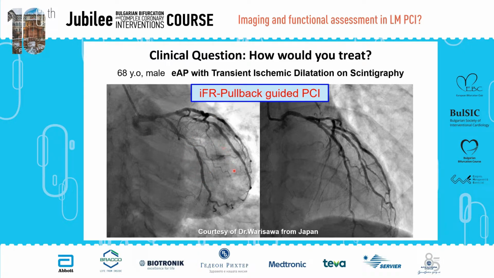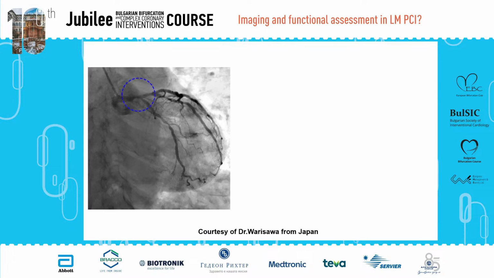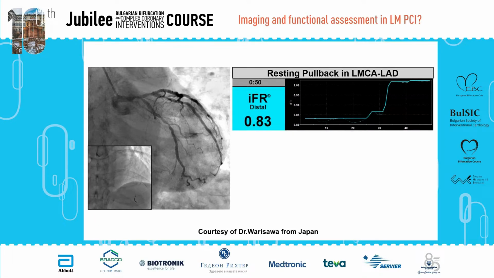So this is a nice case example by Dr. Warisawa from Japan showing treatment of this diffuse disease. First, we have to consider the left main disease and how the mid-circumflex disease looks. First, we do the iFR pullback from the LAD to the left main. And what we found is in the proximal LAD some small step up, and the left main is a huge step up.